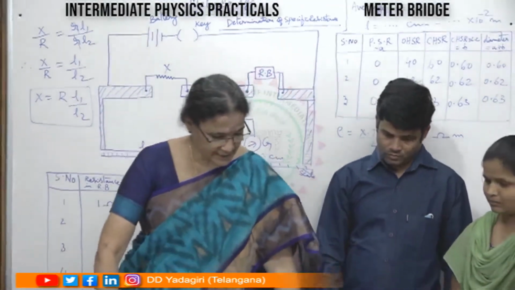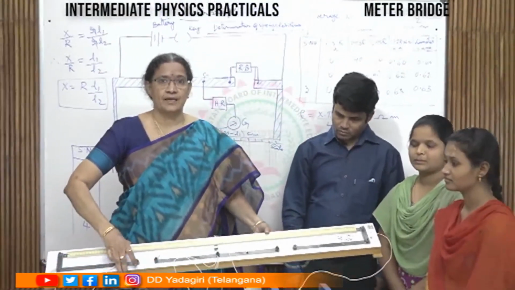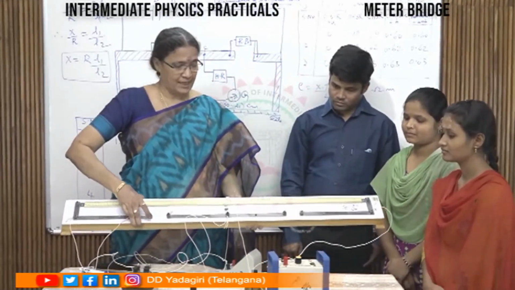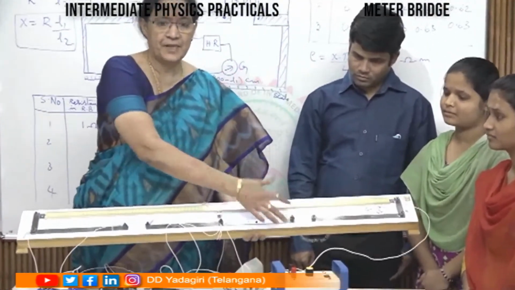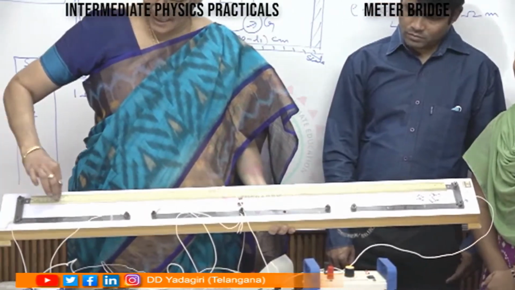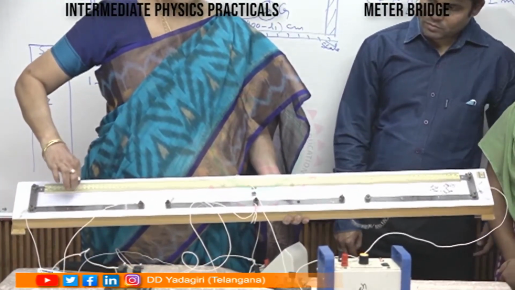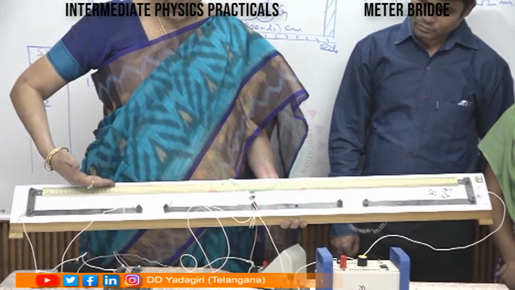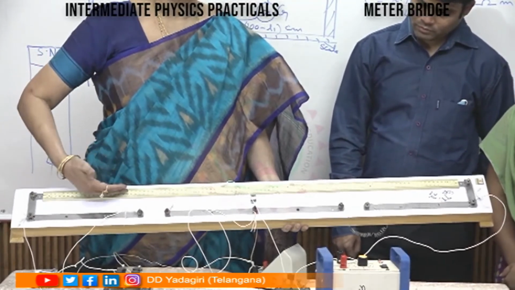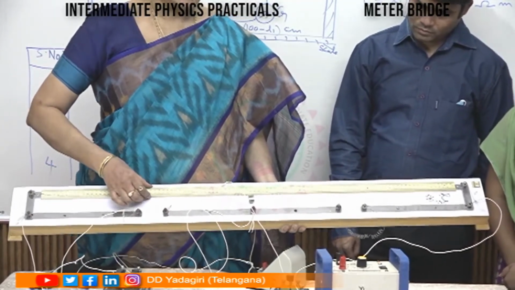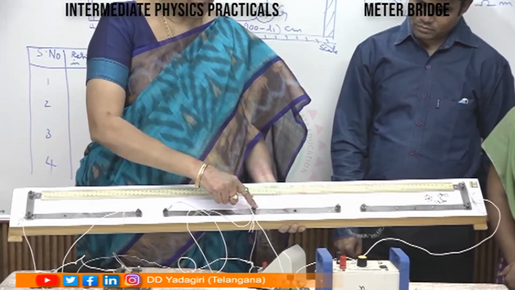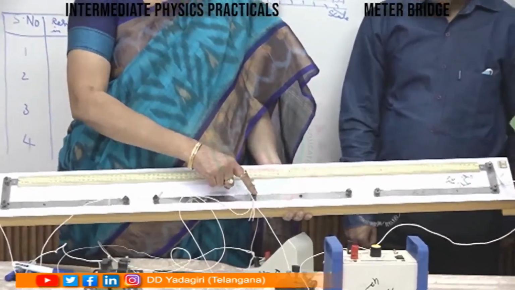First of all, let us see what the meter bridge is. This is called the meter bridge. It has two gaps, left gap and right gap, and it consists of 1 meter length of wire, and beneath it you have a scale fitted, and you have one more binding screw here.